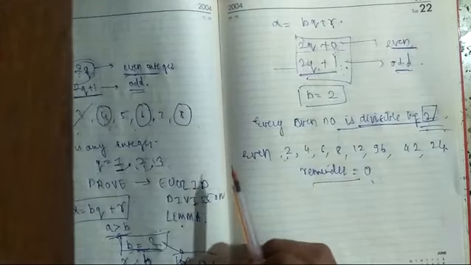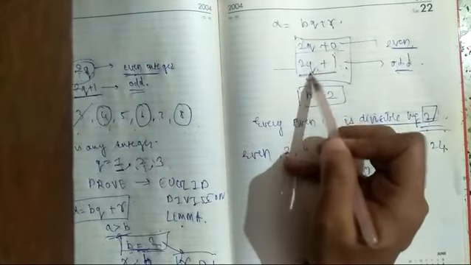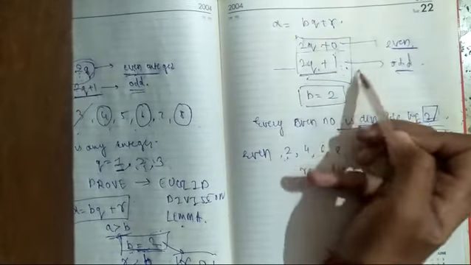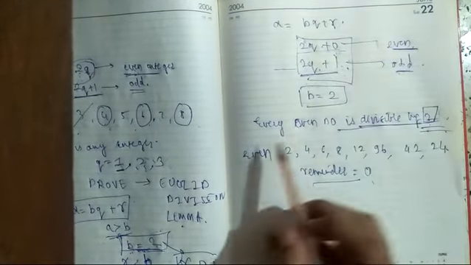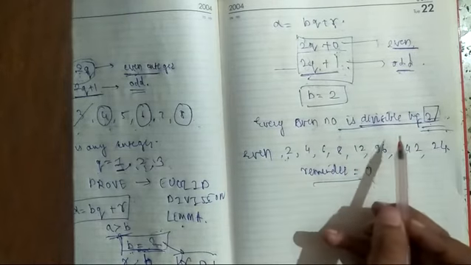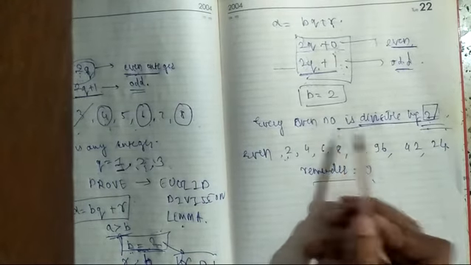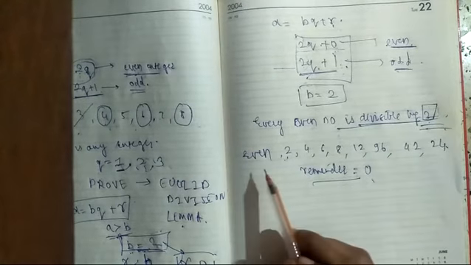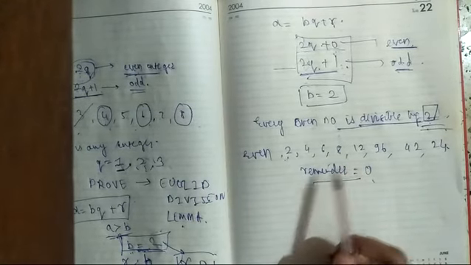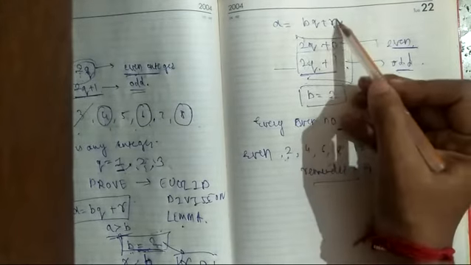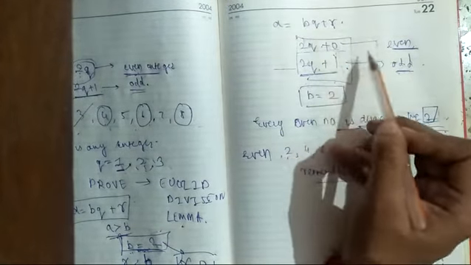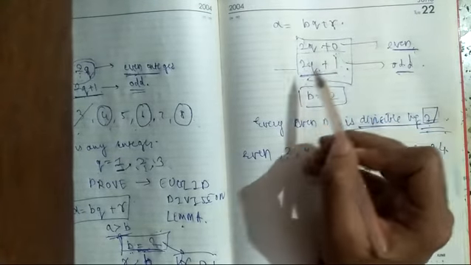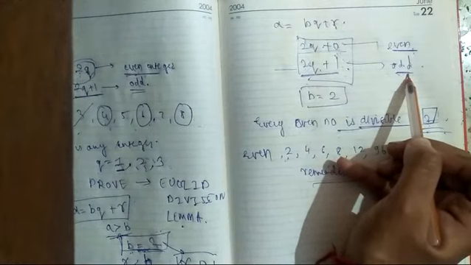Then how do we know which is for even and which is for odd? By basic knowledge of real numbers, we know that every even number is divisible by 2, meaning it gives remainder 0. Because r is 0 here, this equation is for even, and because r is not 0 here, this equation is for odd.